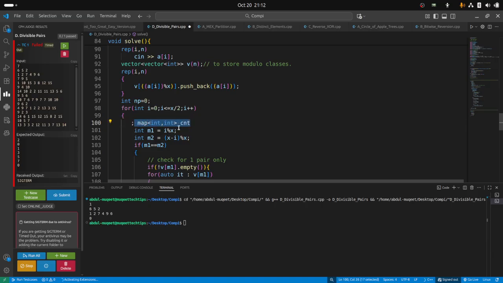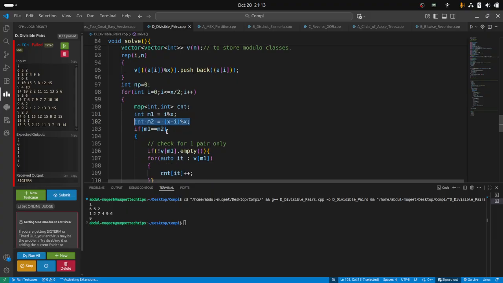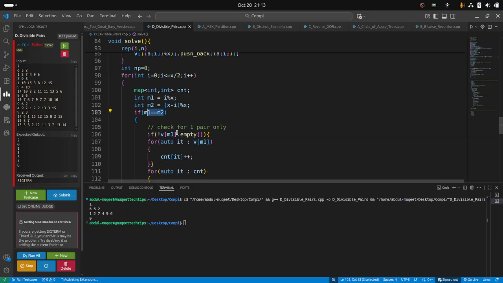Map count, m1 is equal to I modulo x. That is when remainder is 0.